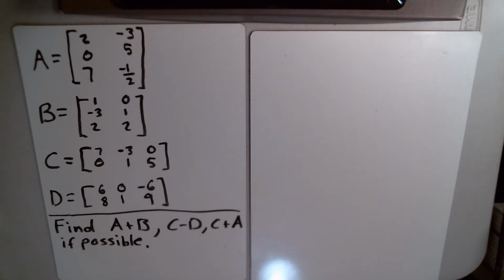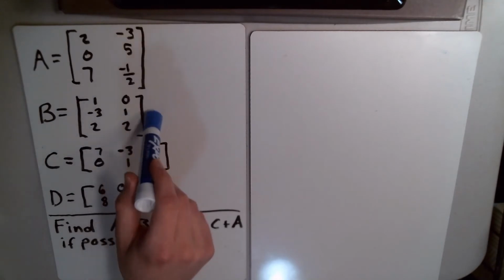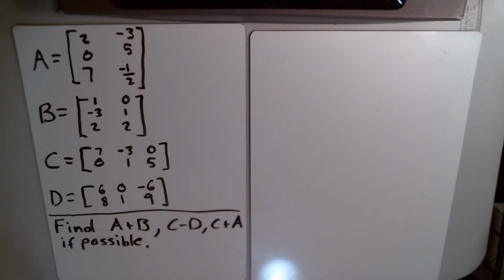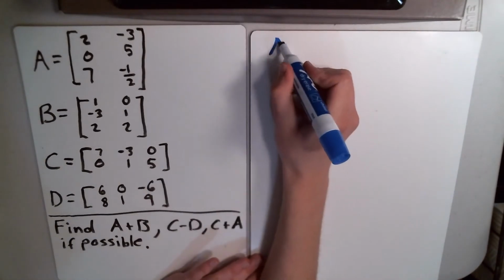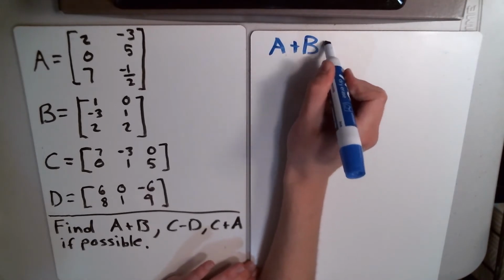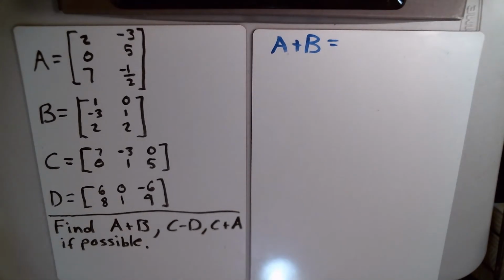In order to add matrices, well, if I have these two matrices, A and B, and I'm trying to do A plus B, what would that be?